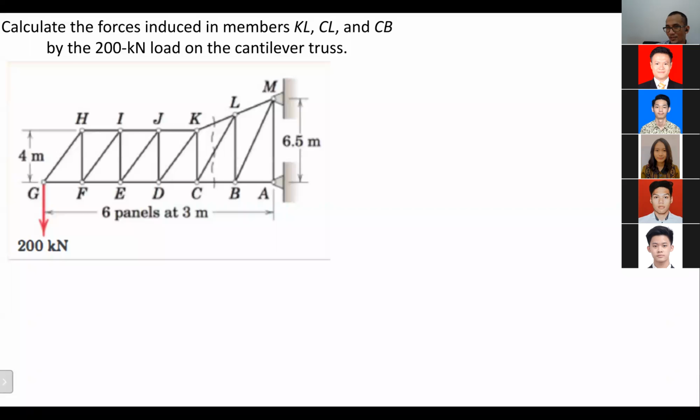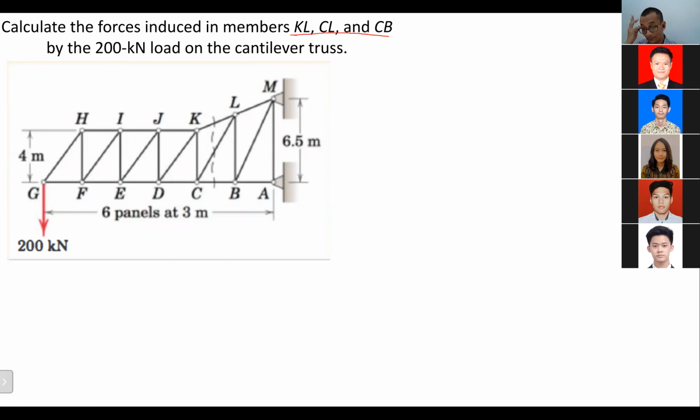Just now, remember when I discussed it with Fasa Diara, in order to find out these 3 forces at those 3 members, we need to use 18 equations, right, Jovan? Yes, sir.